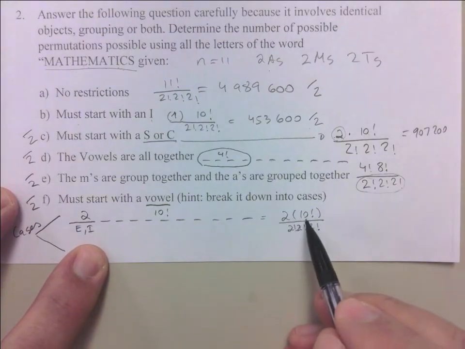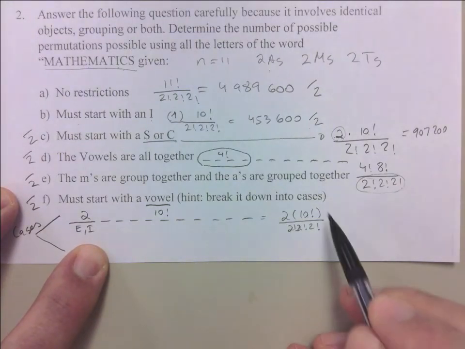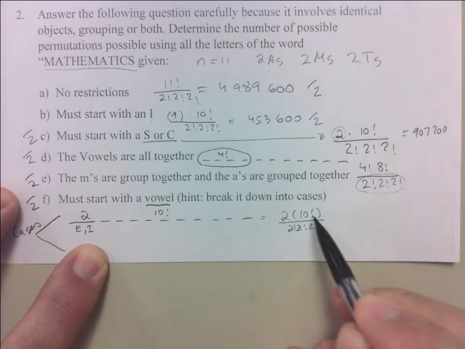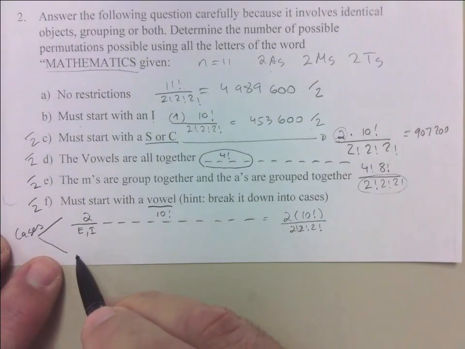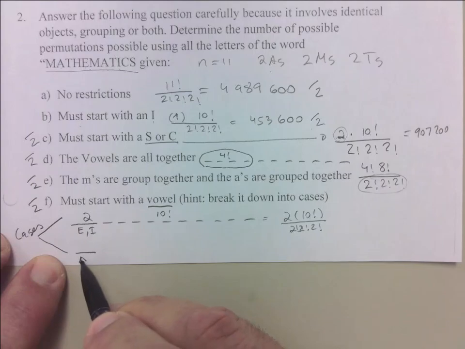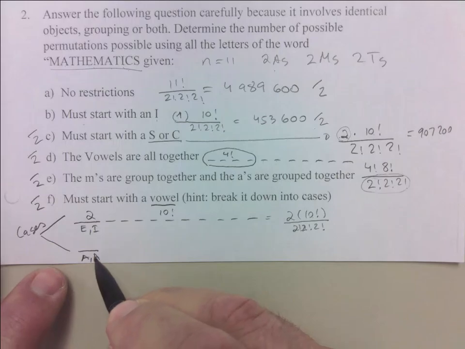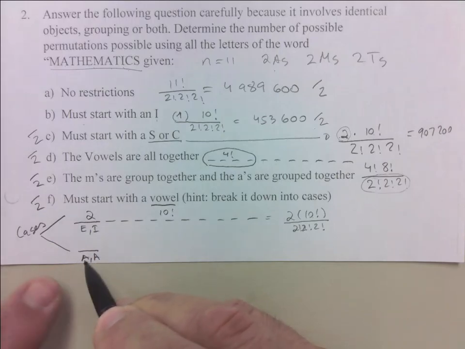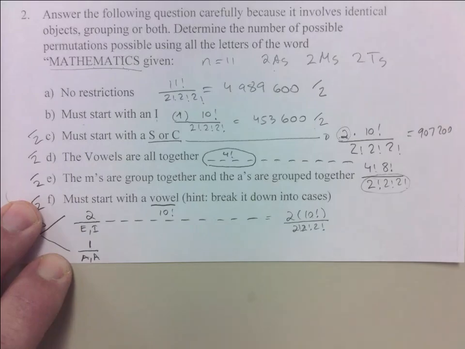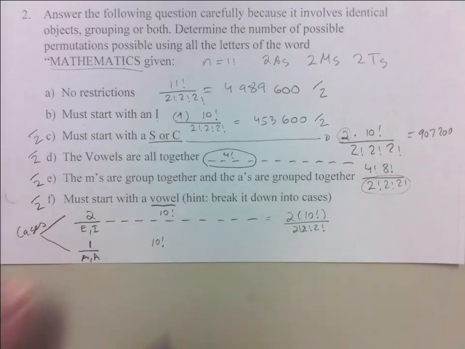Okay. 2, 10 factorial, 2, 2, 2. Does this make sense here, guys? Like why I'm doing this? Why I'm breaking it? Because now you've got 2 A's. You got to consider that. How am I going to treat this differently? Well, they're both the same, so technically I only have one option to start, not two. Then the rest here is 10 factorial.